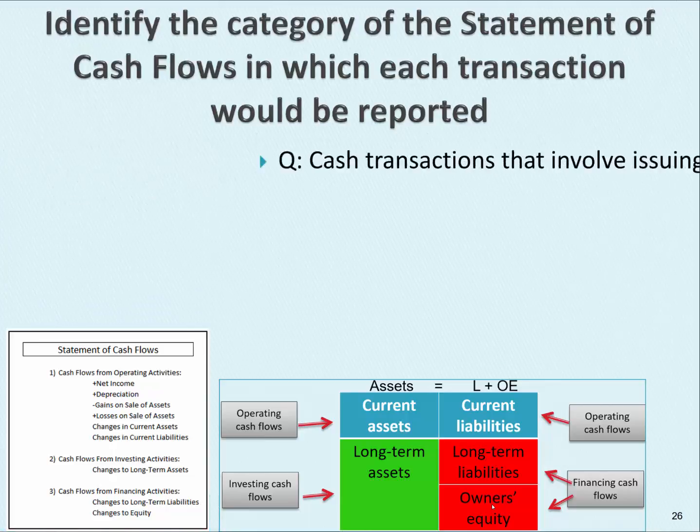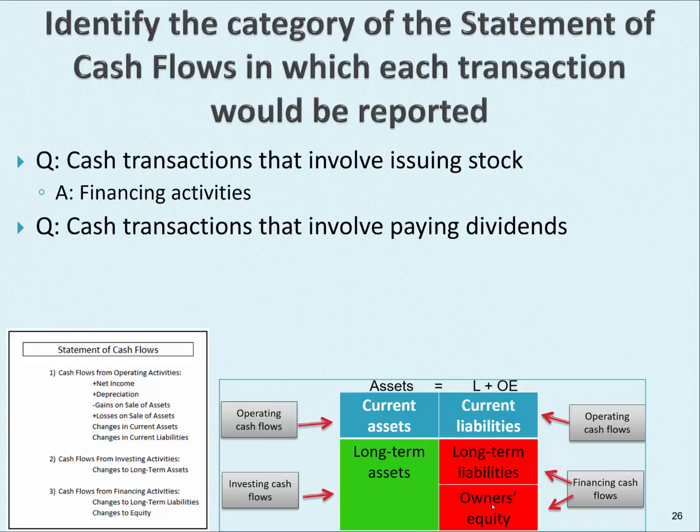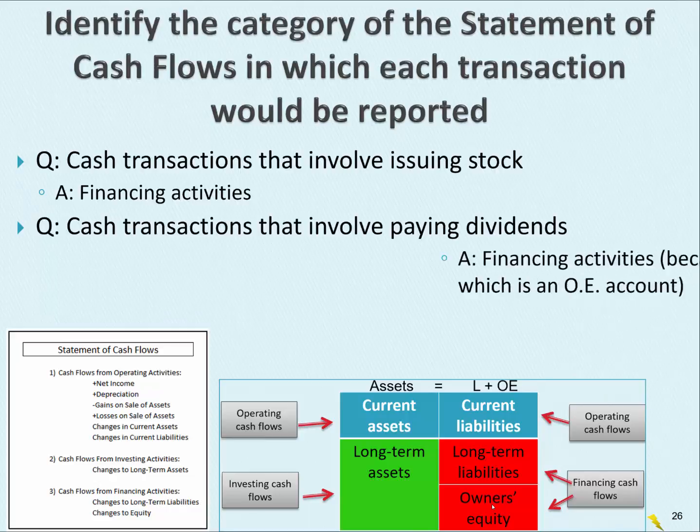How about cash transactions that involve issuing stock? Stock is an equity account, so that goes in the financing section. How about cash transactions that involve paying dividends? Well, when you pay dividends, that lowers retained earnings, and retained earnings is an equity account, therefore that goes in the financing section.